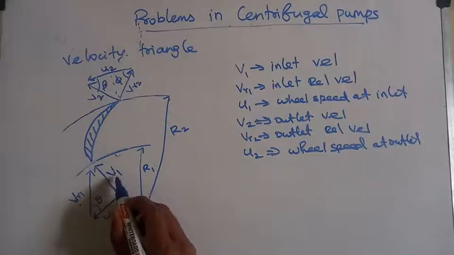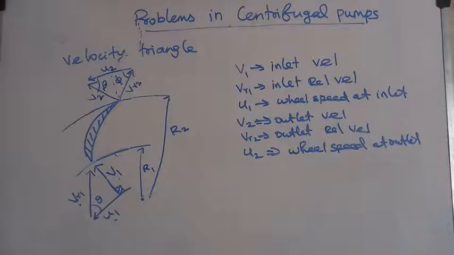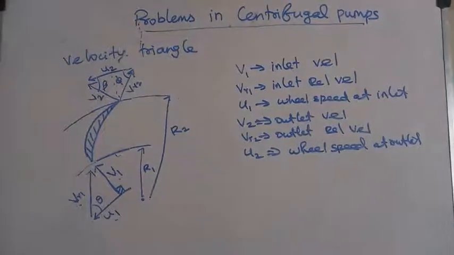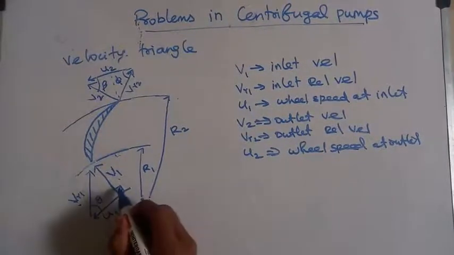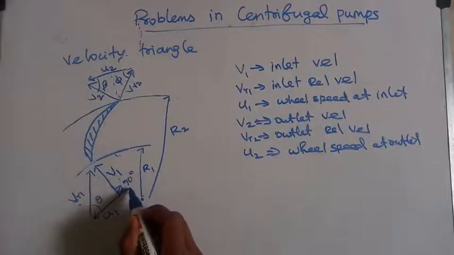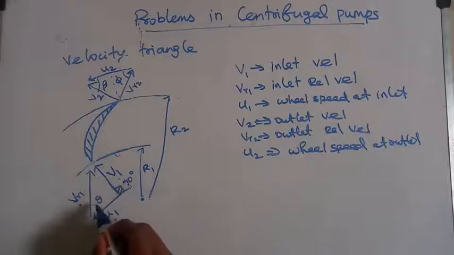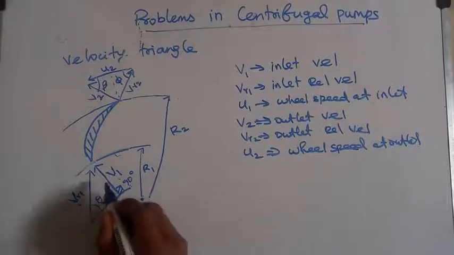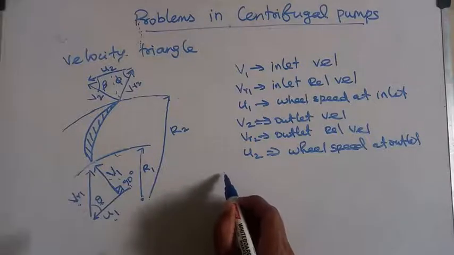Here, the angle of V1 is called the guide blade angle. The guide blade angle at inlet is 90 degrees, so we will not discuss much about this. This theta is called the vane angle. Here V1 has only a vertical component.